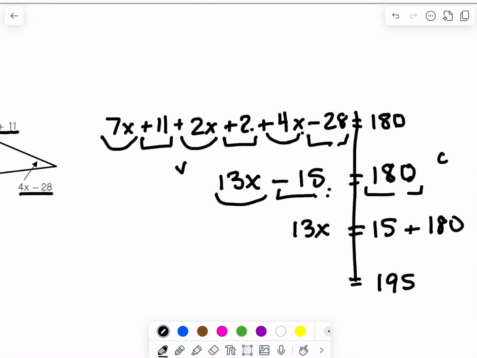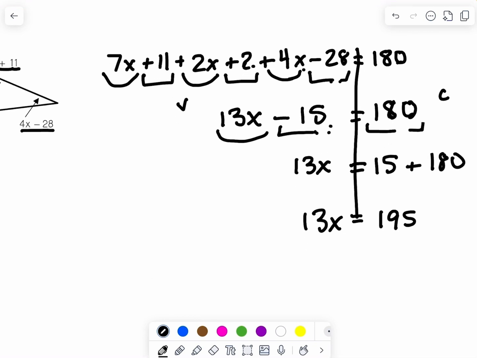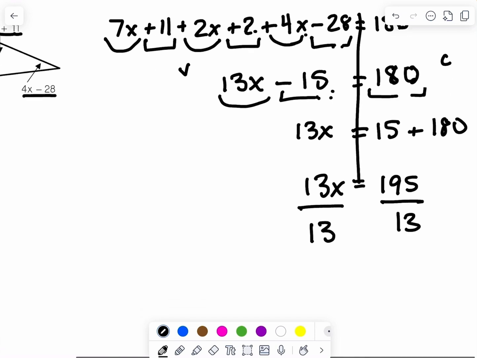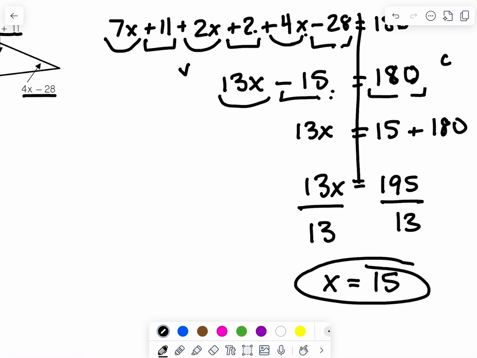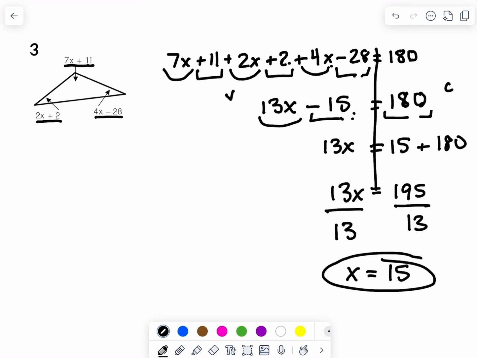And that equals 13x. Then I'm just going to divide by my coefficient, 13. And that'll give me x equals 15. Yay, we did it. And again, we can plug it in and check, but to spare you guys time, I'm not going to do that.